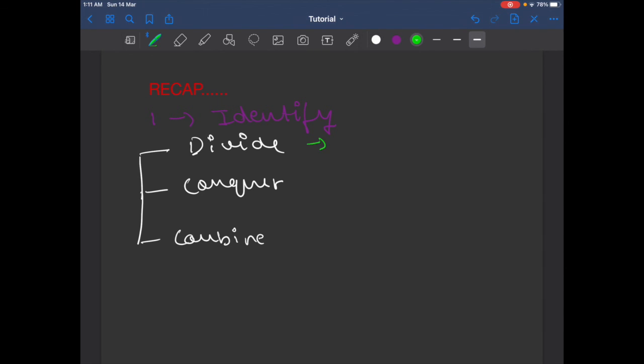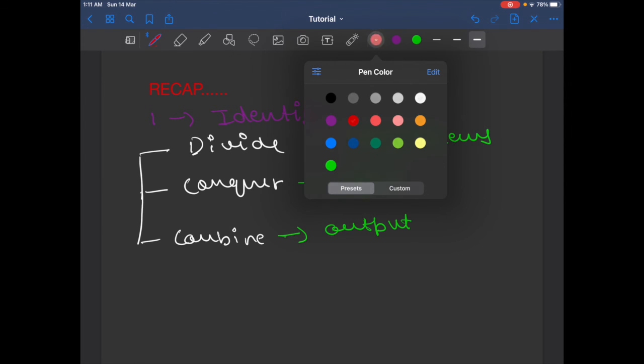Here you divide the problem into sub-problems, here you solve them, and here you get the desired output. The golden rules to keep in mind.